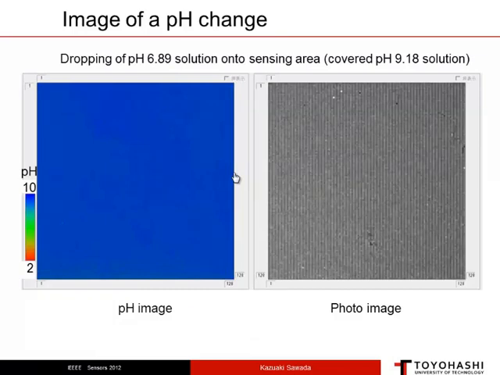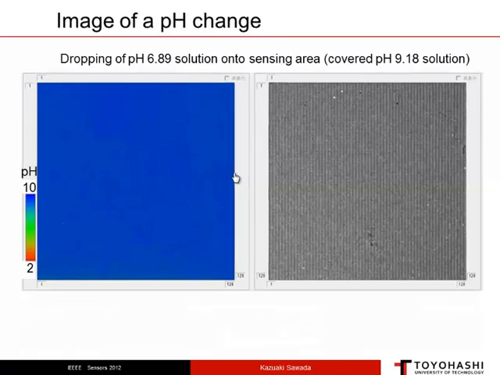Here are the pH images. And also, our sensor is based on CCD technique, so we can catch the optical image simultaneously. The optical image is shown here. We drop pH 7 solution onto the sensing region, which is covered with pH 9 solution, by pipette. You can see the tip of the pipette in these images.